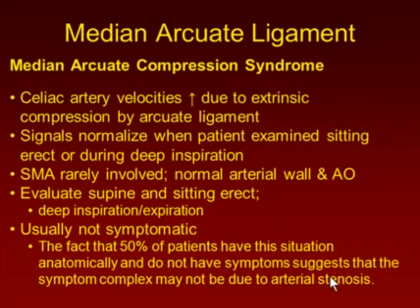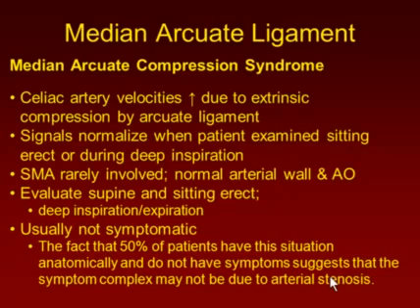Now let's talk briefly about median arcuate ligament compression syndrome. Celiac artery velocities can be increased due to extrinsic compression by the median arcuate ligament. In that instance, the signals will normalize and decrease in velocity when the patient is examined sitting erect or during a very deep breath.